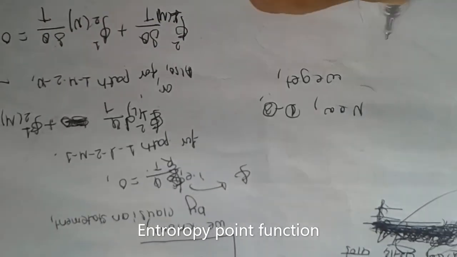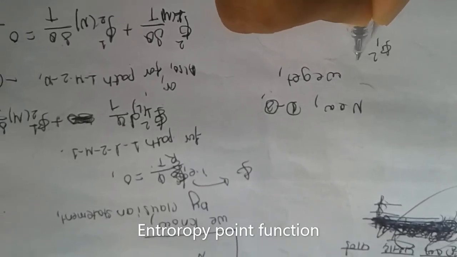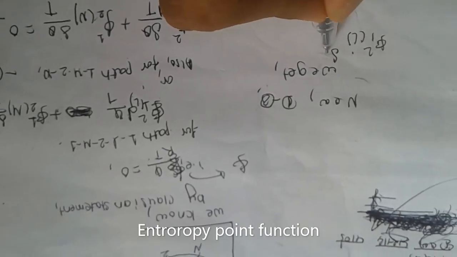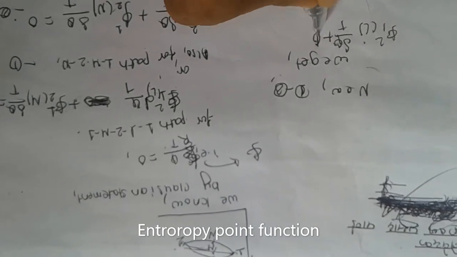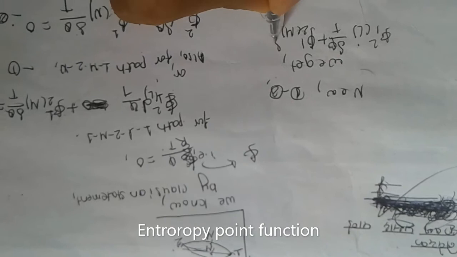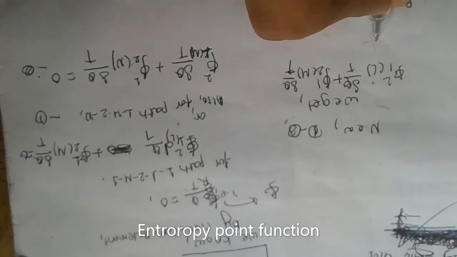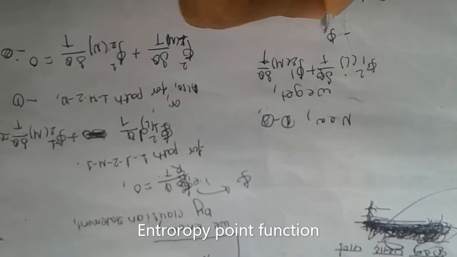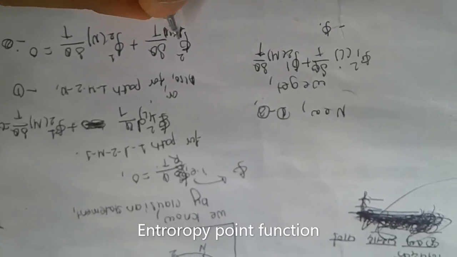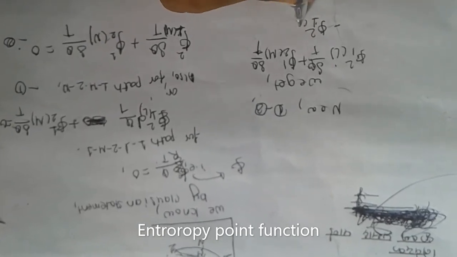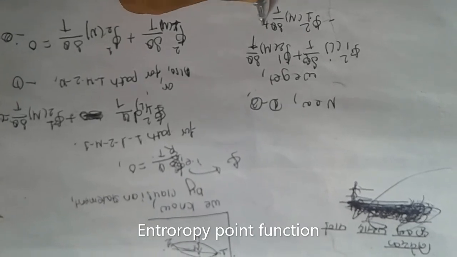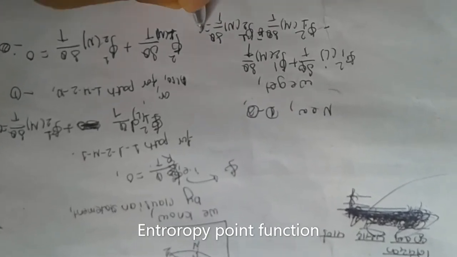What we get here is the integral from 1 to 2 along path L of dq by T plus the integral from 2 to 1 along path M of dq by T, minus the integral from 1 to 2 along path M of dq by T plus the integral from 2 to 1 along path N of dq by T, is equal to 0.